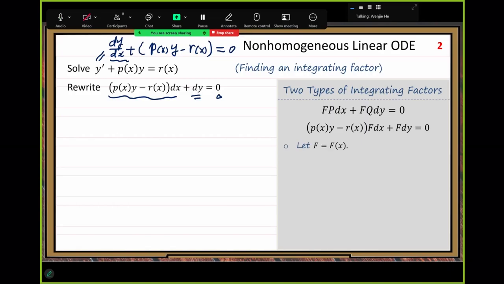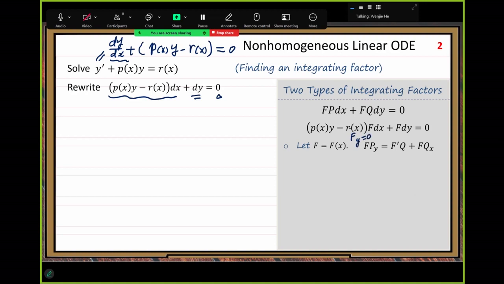When f is a function of x, then the exactness criteria, remember, after simplification will give us this one. Because when f is a function of x, we will have f sub y equals 0.